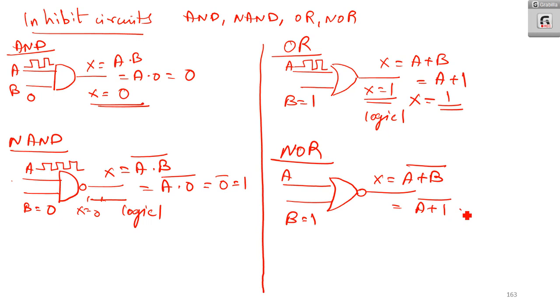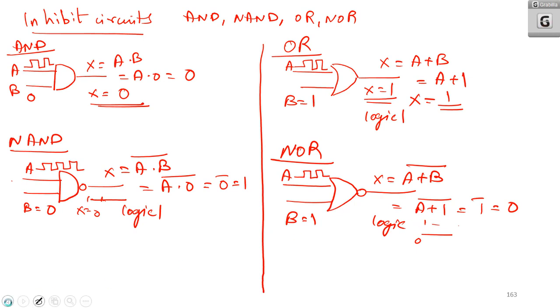What is A or 1? It is 1 only, 1 bar. 1 bar is 0. That means whatever is coming in A, the output X will always be logic 0. So it will be a straight line which is only in logic 0. This is logic 1, this is that. Okay. That means using NOR gate also you can inhibit, provided the other input remains as 1.